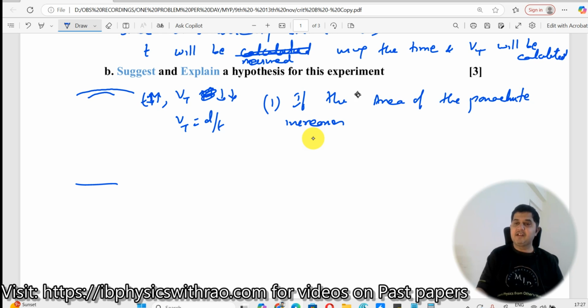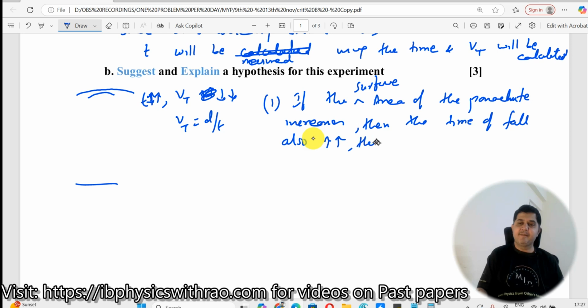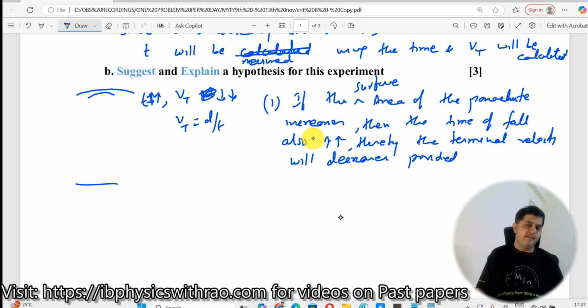Once again, if the surface area of the parachute increases, then the time of fall also increases, thereby the terminal velocity will decrease, provided what?